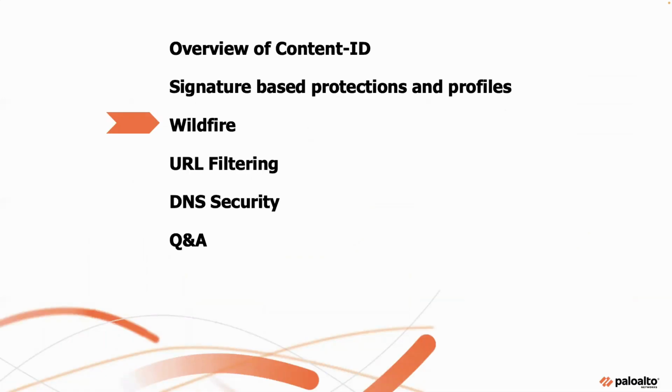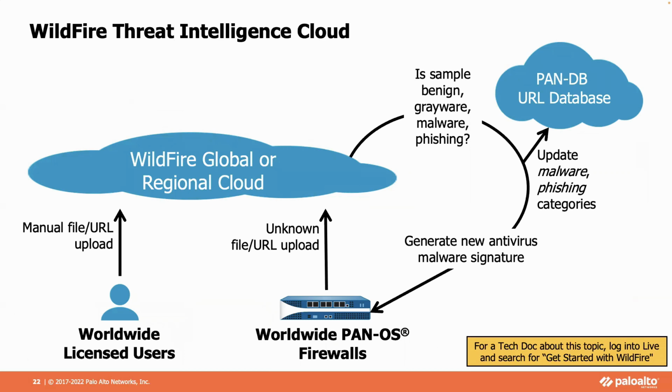Now, other than our signature-based protections, well, we've got WildFire. The idea of WildFire is we can take any sort of file or URL and either analyze it inline or send it up to the WildFire cloud for analysis.